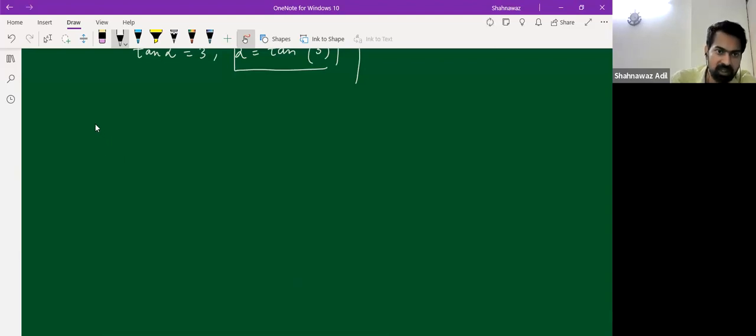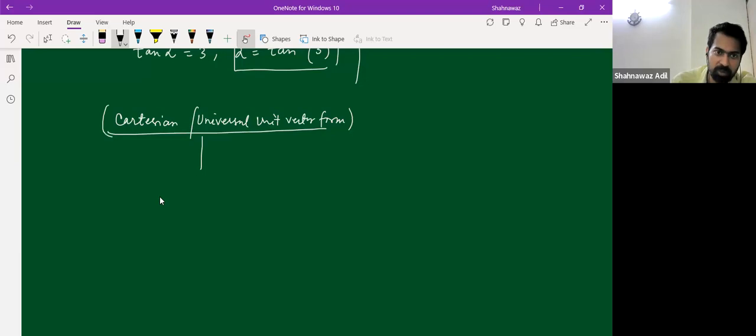If we are given the vectors in the Cartesian form, or let's say the unit vector form, with I, J, K, then we just apply the addition rule: I with I, J with J, and like that.